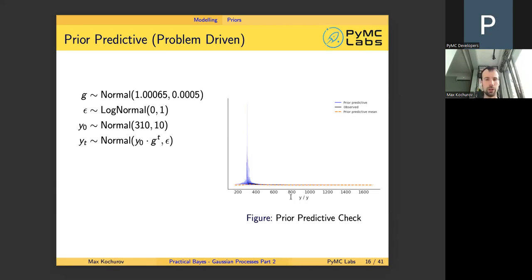We don't go very off with our prior. And all we need is to compare our data, our mental model, and to figure out the growth parameter for CO2.